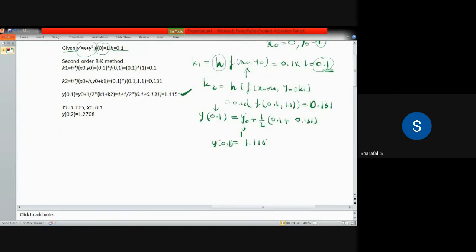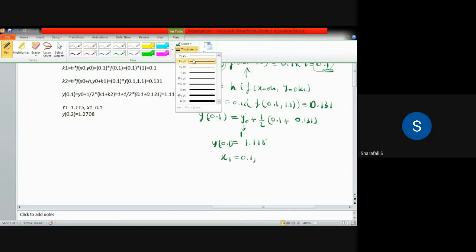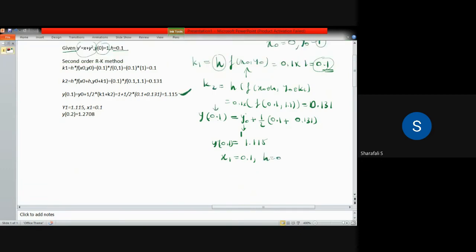You repeat this step again one more time. So this is y of 0.1, so your x1 is 0.1 now, and your h value is again 0.1, which is given. Now you have to find out what is y of 0.2. To find y of 0.2, you add x1 plus h.